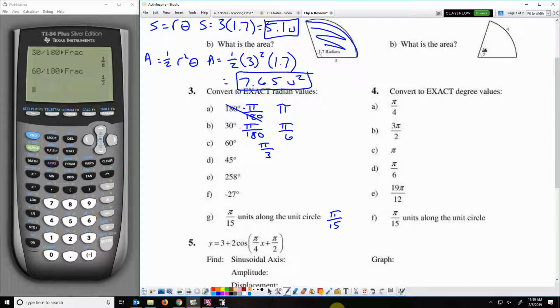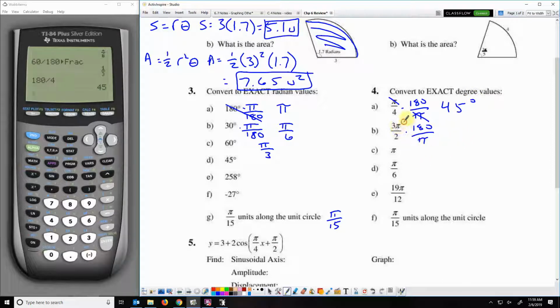Okay, so next we are changing from radians to degrees. We have to multiply by 180 over pi. Okay, so if there's a pi in the numerator and denominator, they cancel. 180 divided by 4 is 45, so this is 45 degrees.